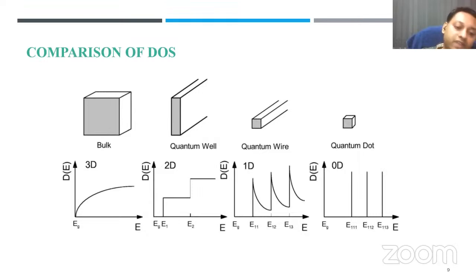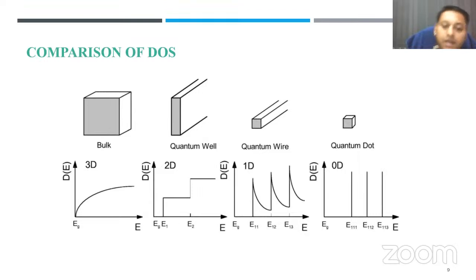So here we have the energy state E1 that is occupied, and then there is a sharp change in the density of states at E1, and then it remains constant over the energy difference of E1 to E2, and then again at energy level E2, there is a sharp increase in the density of states. So this way the density of states varies for quantum well structures.